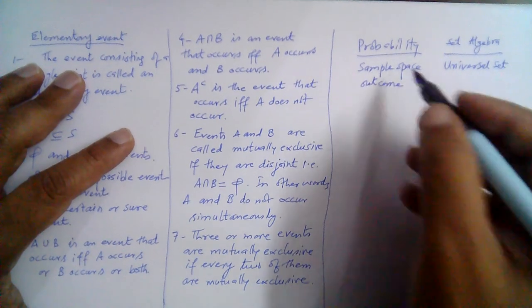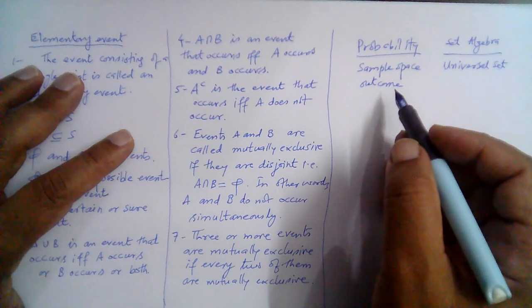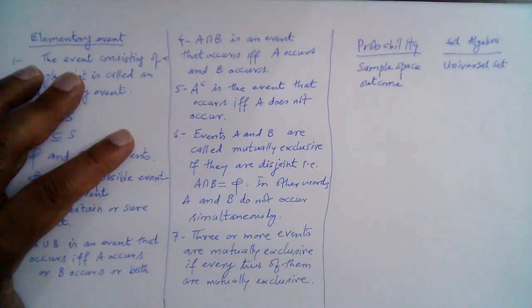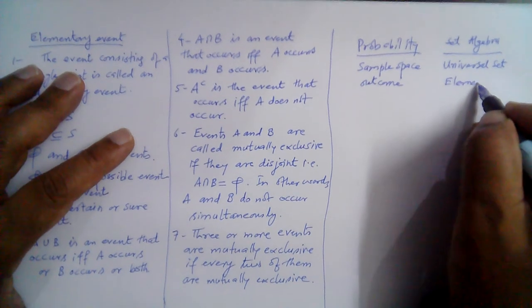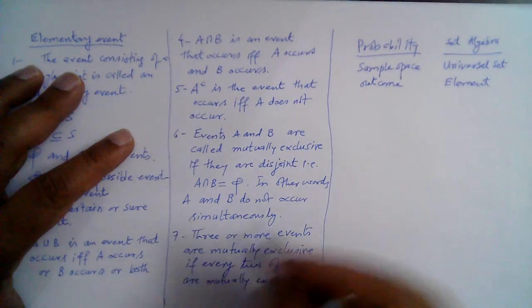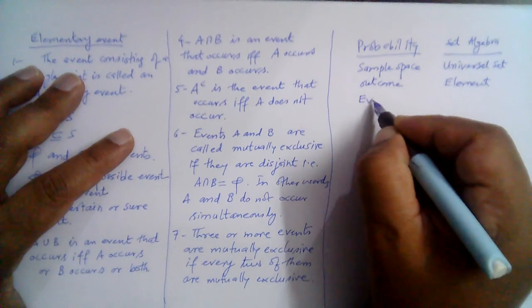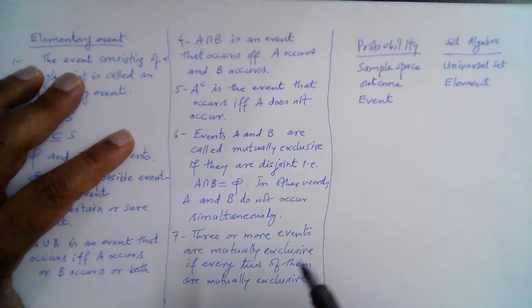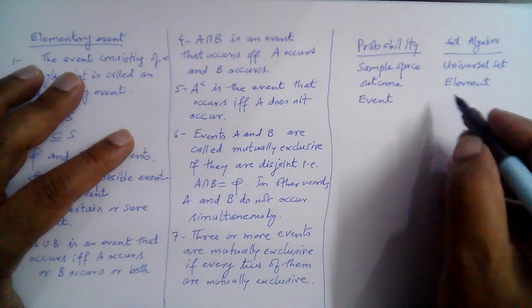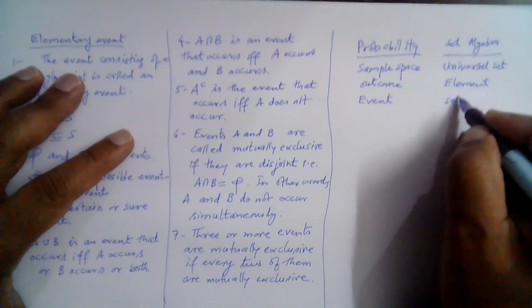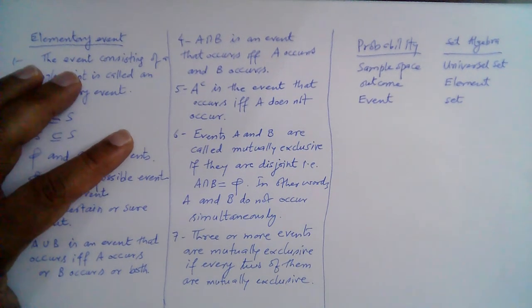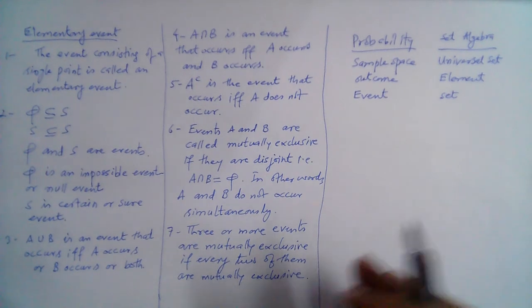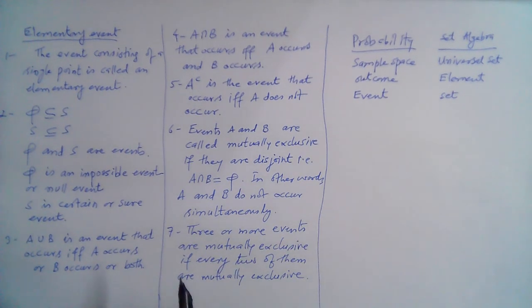An outcome of an experiment is an element of the sample space, so similarly this can be an element of the universal set. An event in probability theory is a subset of the sample space, so similarly any subset of this universal set corresponds to an event in probability theory. So this finishes our discussion on events in probability theory.